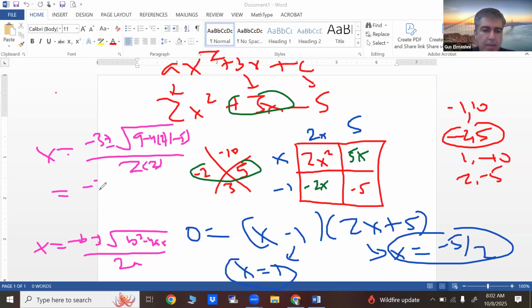So when I clean it up, I get -3 plus or minus root. Now careful, that's 8 times -5, which is -40, but 9 minus -40, that's going to be 49, by the way, over 4. So I'm going to put up top here, -3 plus or minus root 49 over 4.